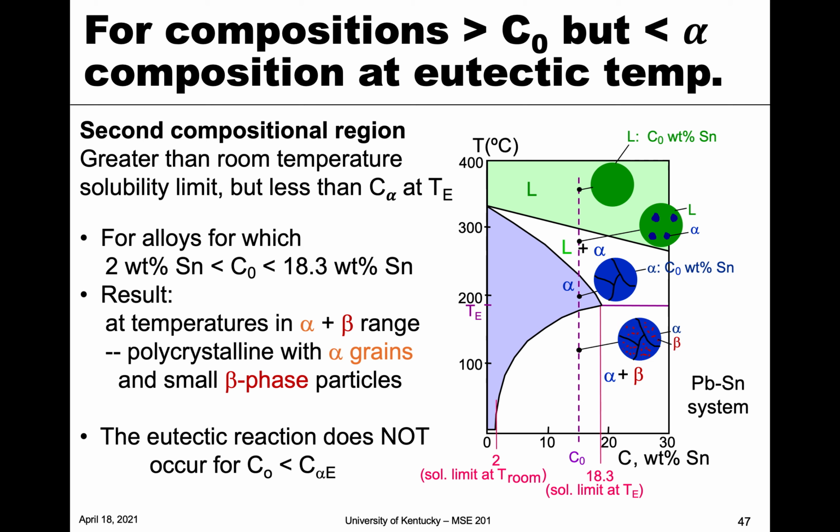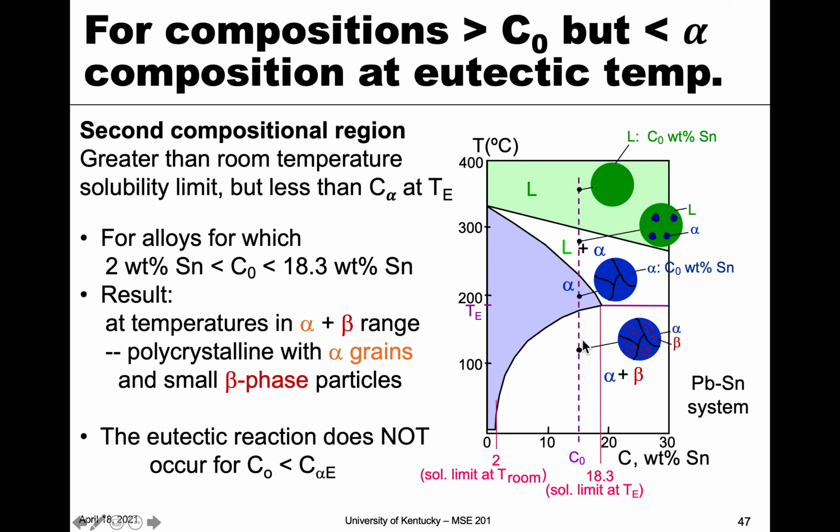And so what we're going to see is that we precipitate some form of beta by doing this. So if we go below the solvus line, we precipitate out beta because that's the equilibrium set of phases, alpha and beta. So that's what happens in this region of the phase diagram. We have alpha grains, and then we precipitate beta phase particles in this particular region when we go below that temperature.